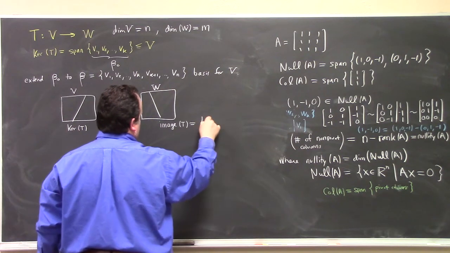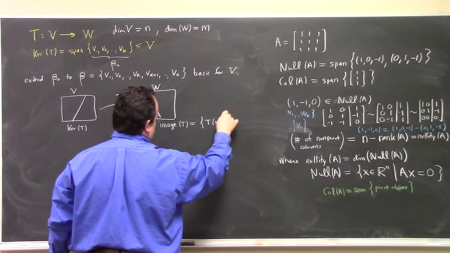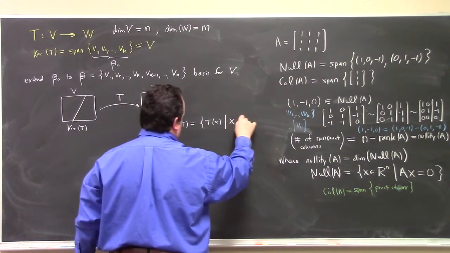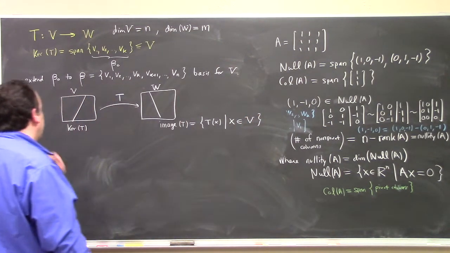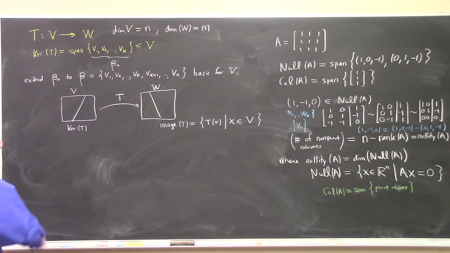That would be T of X such that X is in V. So what's the relation between the kernel, the image, and V?